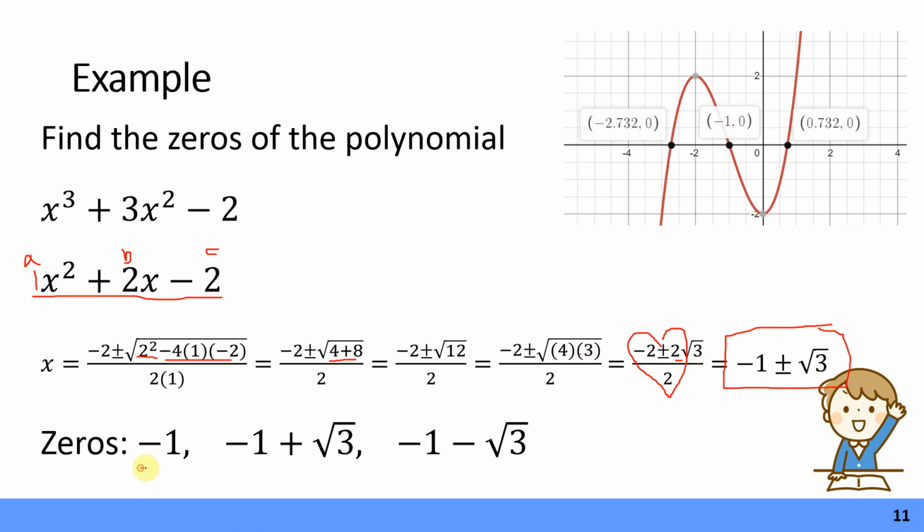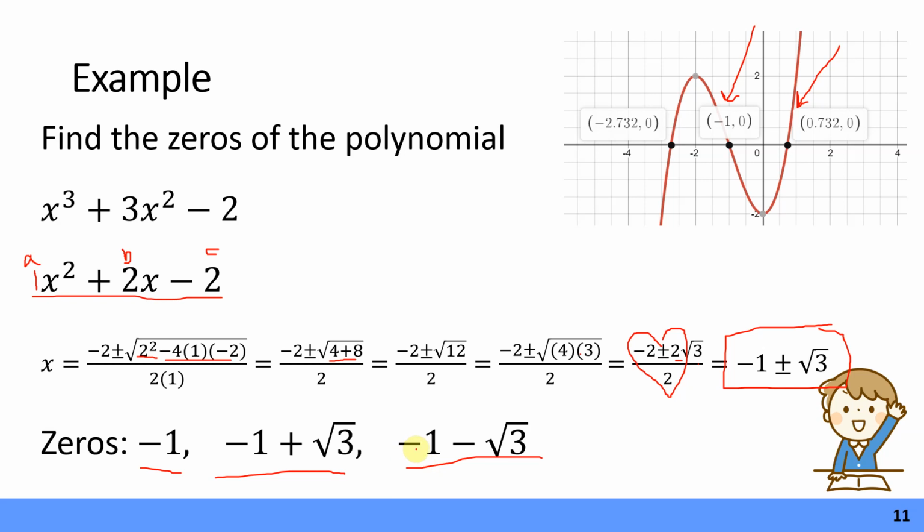So I have the negative 1 that I got from the graph. And then I have the negative 1 plus the square root of 3, which comes from here. And then I have the negative 1 minus the square root of 3, which also comes from here. Okay, and then here's the fun part. If you put negative 1 plus the square root of 3 in your calculator, you're going to get this answer right here.